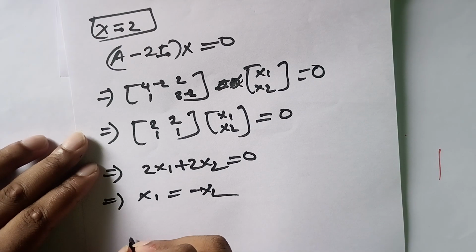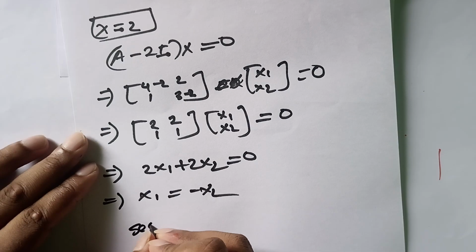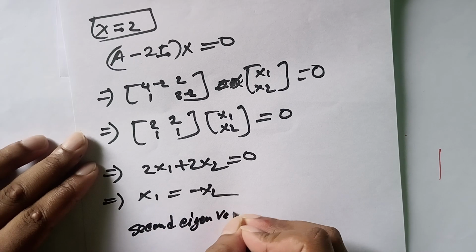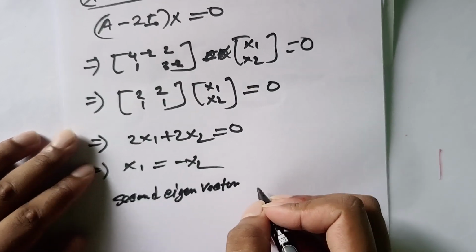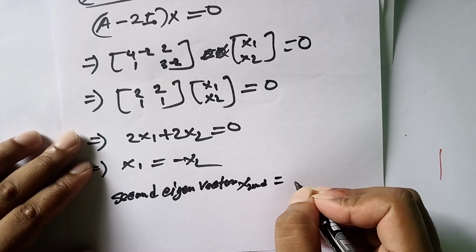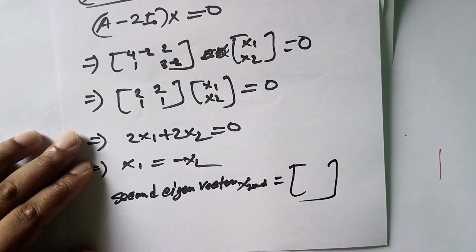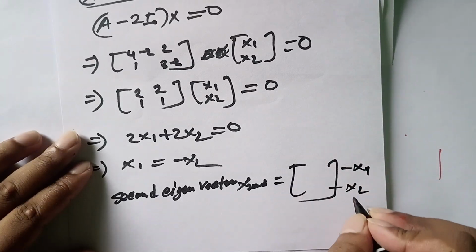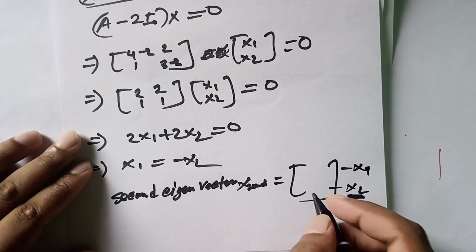Now our second eigenvector will be, say, this will be x1 and this will be x2.